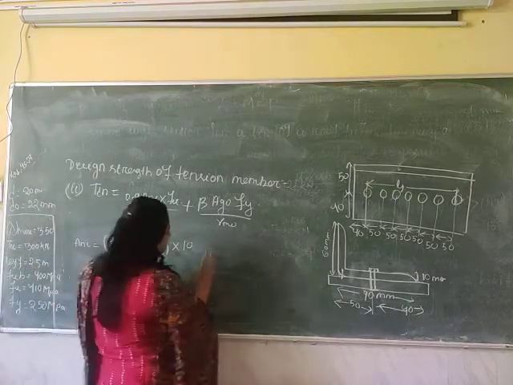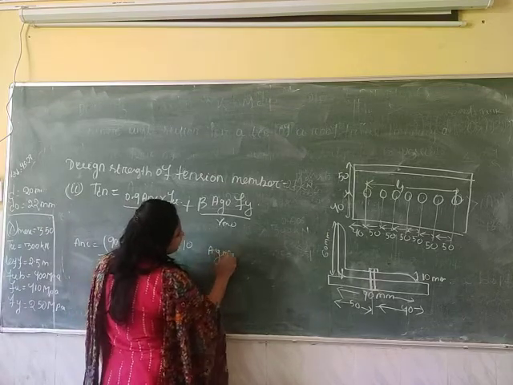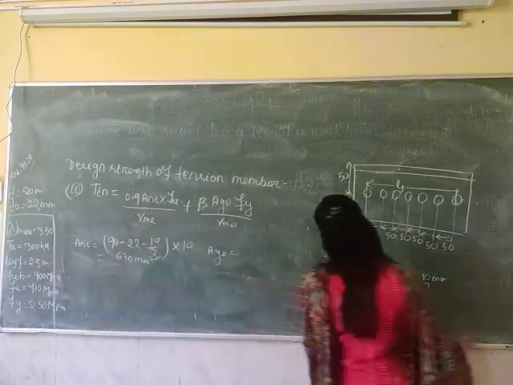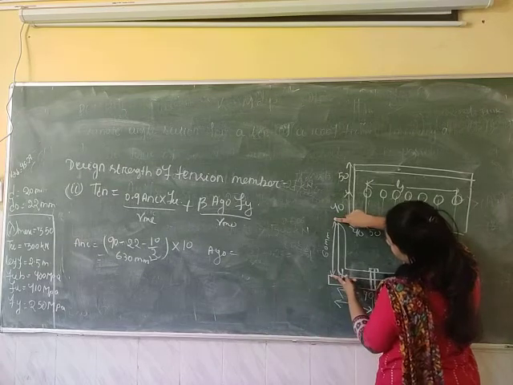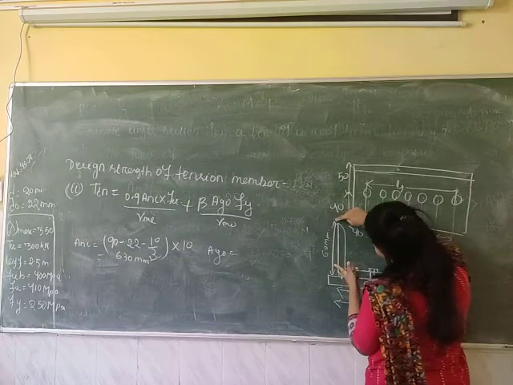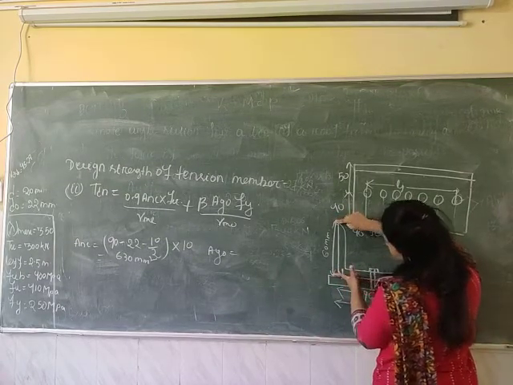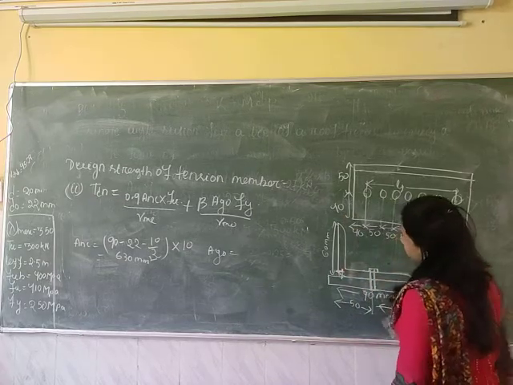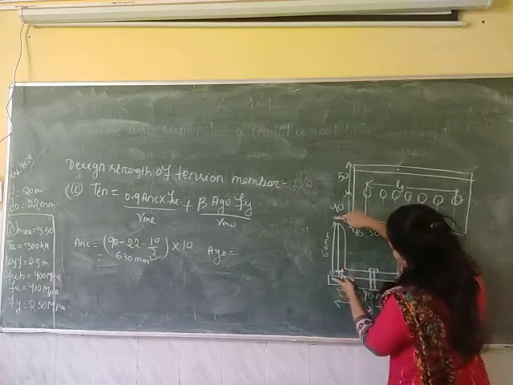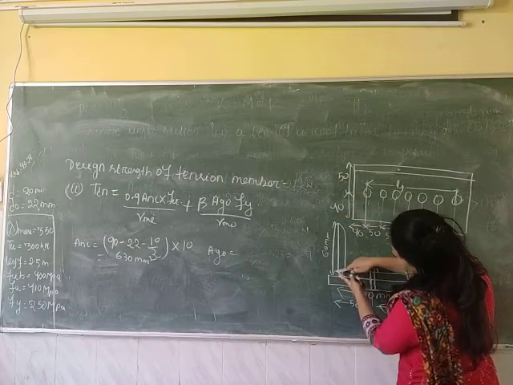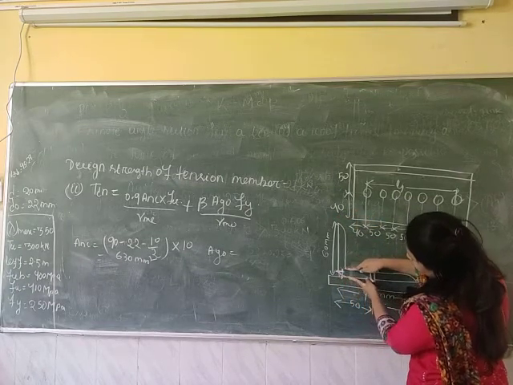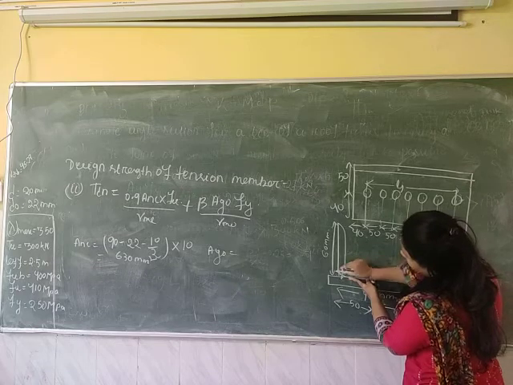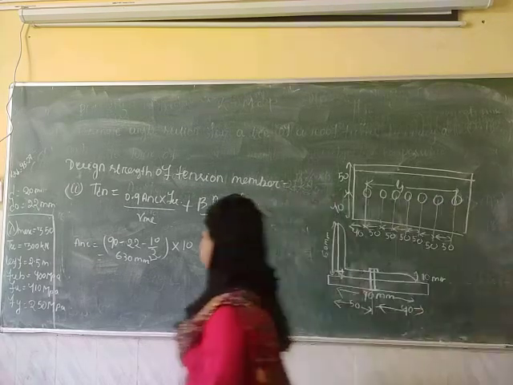Then calculate the gross area of the outstanding leg. The length of the outstanding leg is 60 mm. This 60 mm is the total length, but we have to take up to this center, so we have to deduct half of this thickness.